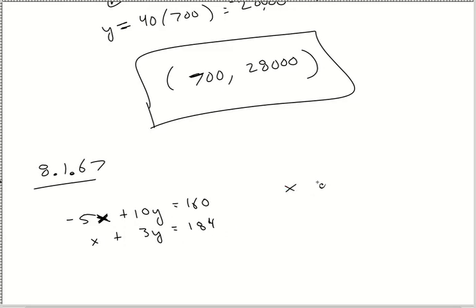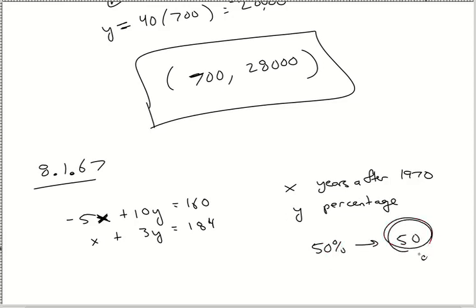But they do say x is years after 1970, and that y is some kind of a percentage. So not a decimal. You might get a decimal answer, but it's going to end up being like 50%. It's actually just 50. Okay, don't put 0.5. That's not the point here. Okay, so x and y, cool.